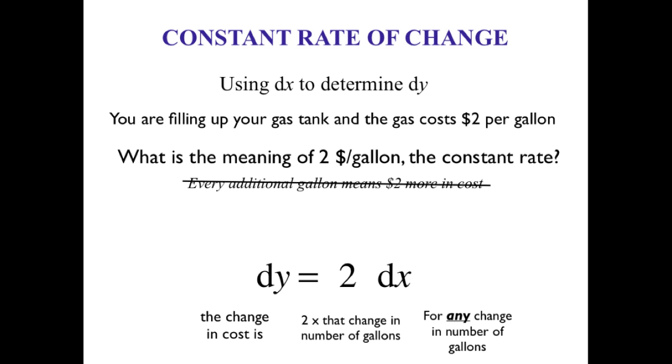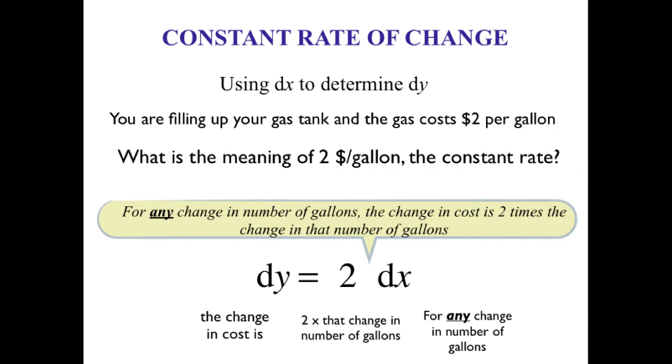You have to multiply 10 by 2. If you put 5 more gallons in your tank, how much more is it going to cost you? 10. Okay? For any change in the number of gallons, the change in cost is 2 times that change in the number of gallons. That's the meaning of $2 per gallon. And that meaning is exemplified in this equation.